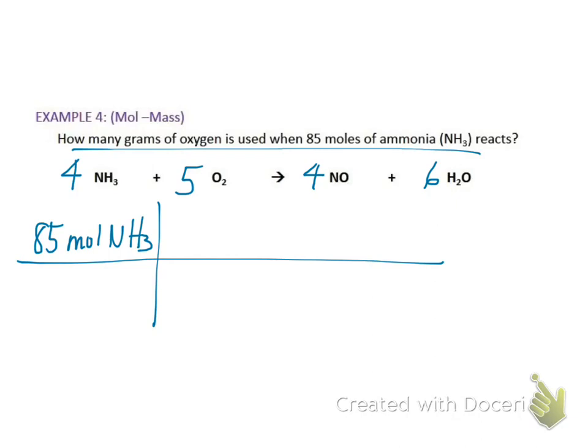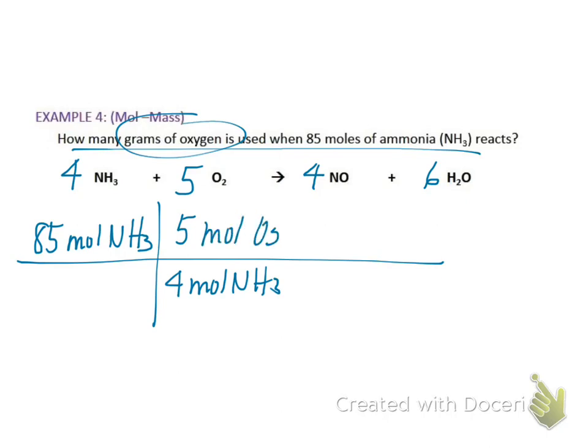So for every 4 moles of ammonia, it's asking about oxygen up here, it requires 5 moles of oxygen. Okay, so now cancel, cancel. And so it wants mass of oxygen, or grams. So I'm going to have to do 1 mole of oxygen, and what is my molar mass of oxygen?